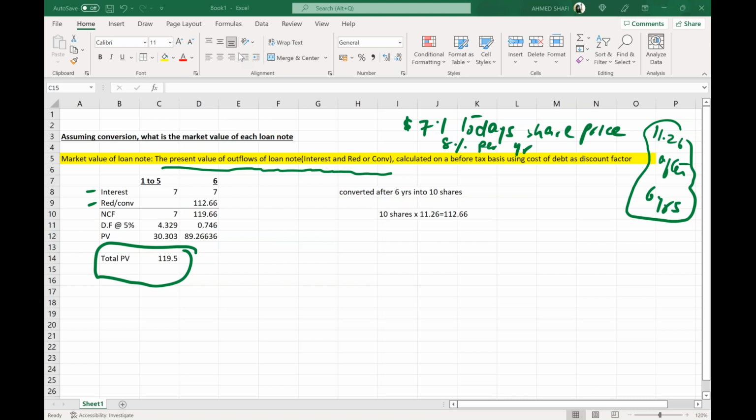You need to calculate for one bond. One bond is 7% of par, not the total. Look at the definition: it's calculated on a before tax basis. The share price is 7.1 today and it's increasing at 8% per year.